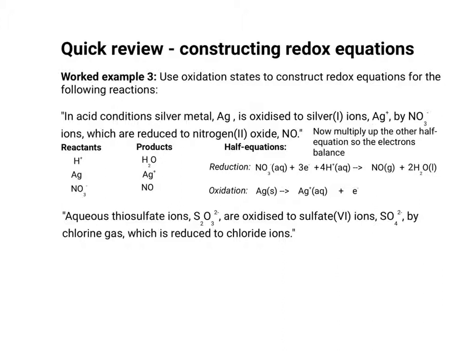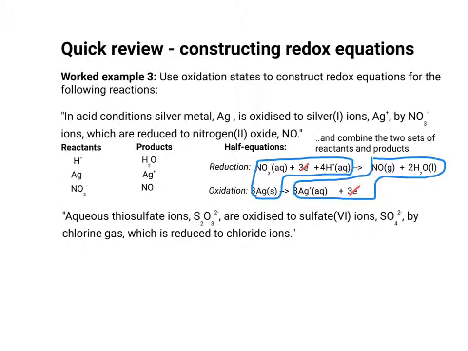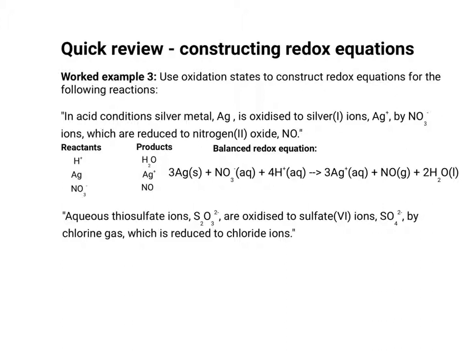So now what you've got to do is multiply up the other half equation so the electrons balance. So now you can cancel the electrons. And you can combine the two sets of reactants and products. And this gives you the balanced redox equation overall.